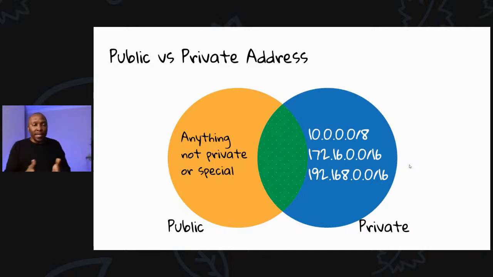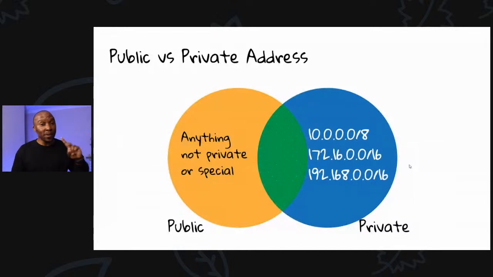So this is what they said. If you're going to have a computer on the network and that computer does not need to be on the public internet, we are going to come up with 3 subnets that are dedicated to just private addresses. And these subnets are the ones on the right-hand side, the 10.0.0.0/8, 172.16.0.0/16.